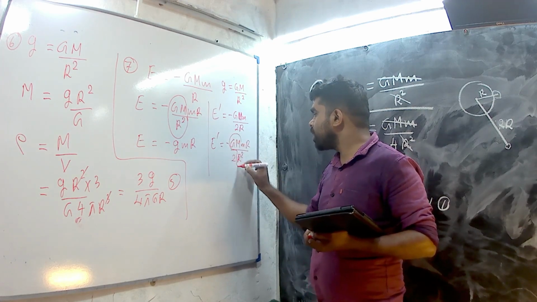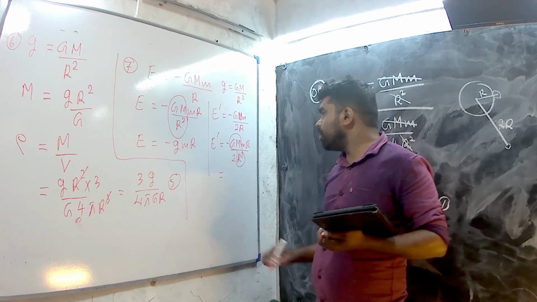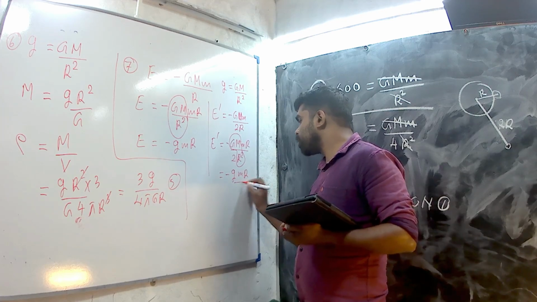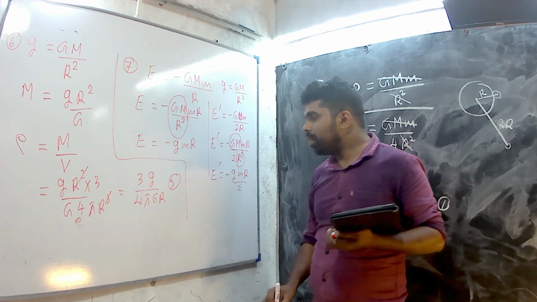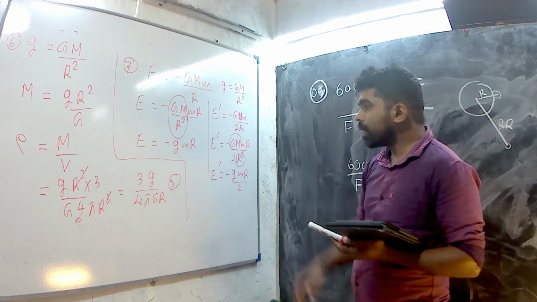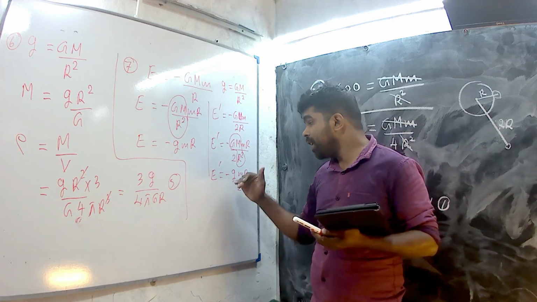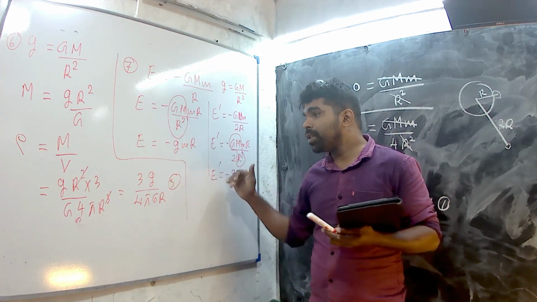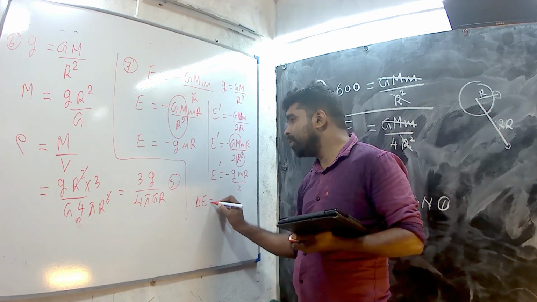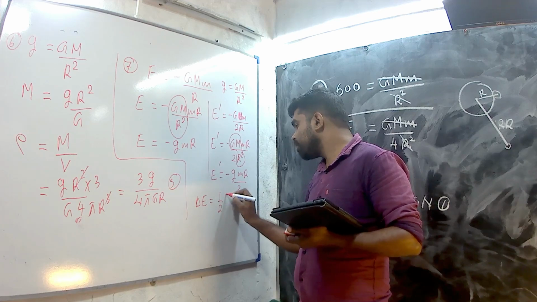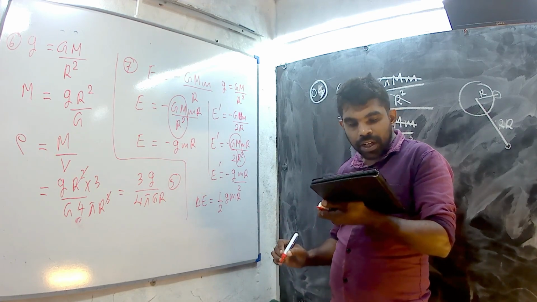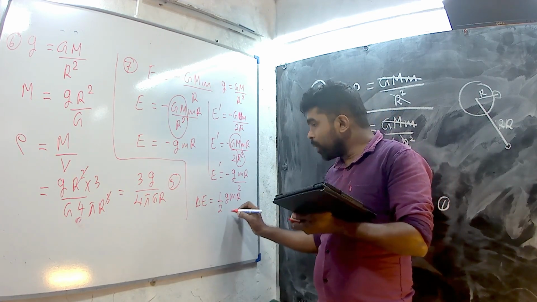Then this term is simply g, so minus gmR over 2. Now we have to consider the change of gravitational potential energy; we subtract these two values. Then subtracting these two values, we get the change of gravitational potential energy as mgR over 2. Then the answer is 2 for question number 7.